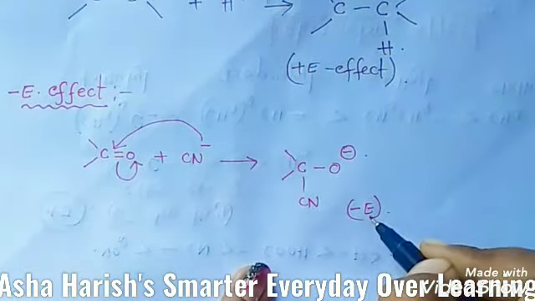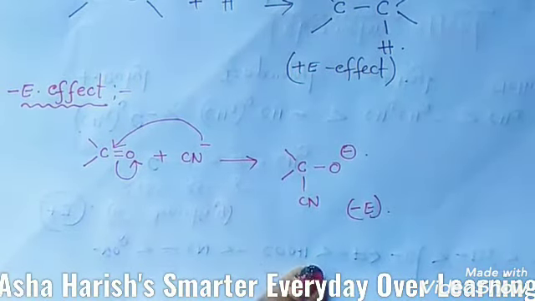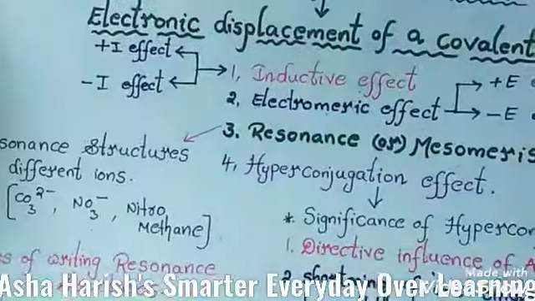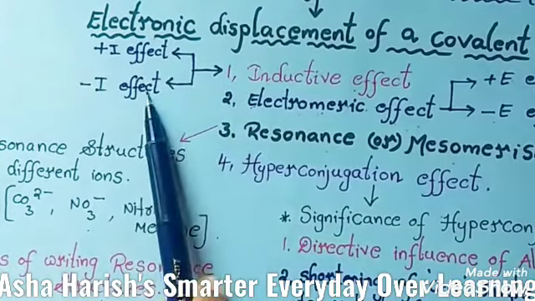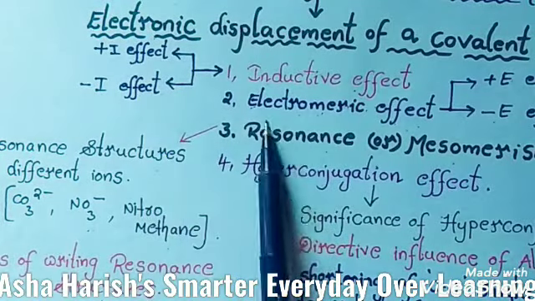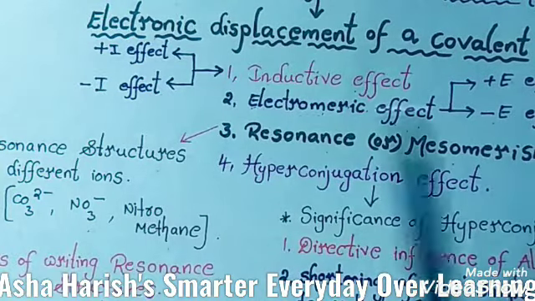Okay, this is about negative E, minus E effect. And coming to this mind map, here about inductive effect, 2 types completed, plus I effect and minus I effect, and this electromeric effect, plus E effect and minus E effect also completed.